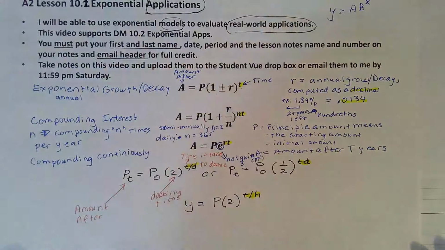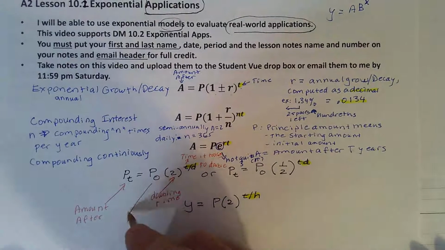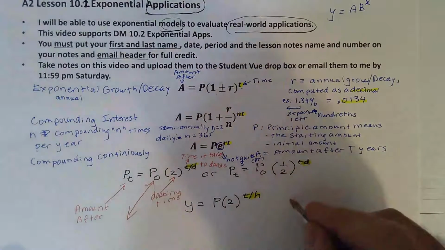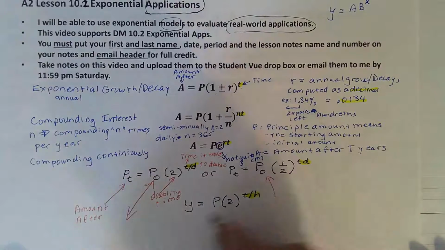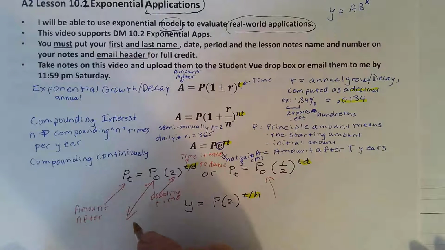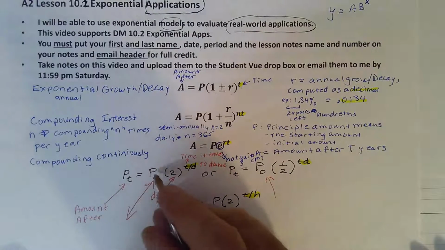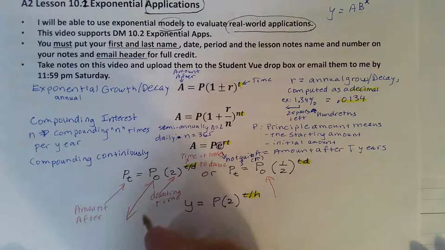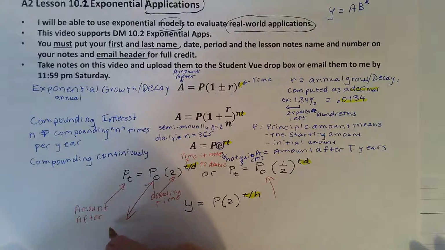And this P sub 0, you'll find it here, and well, let's put it up here, rather. The way you say this, P sub 0 is P naught.